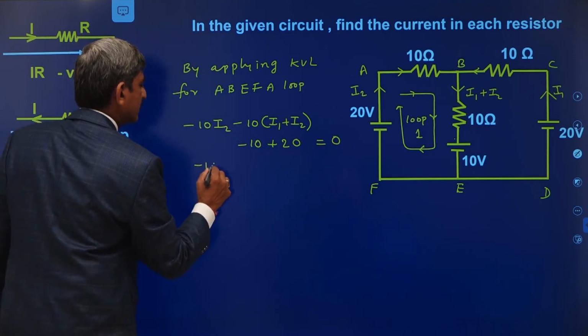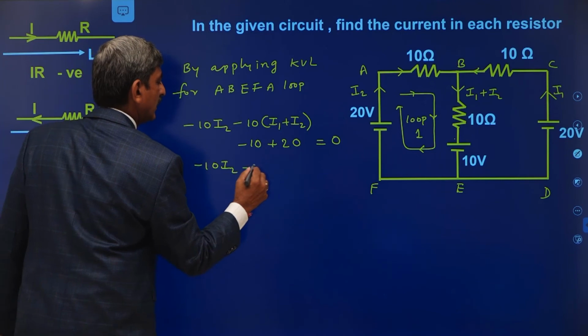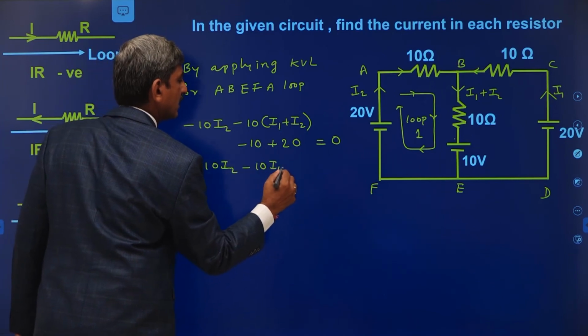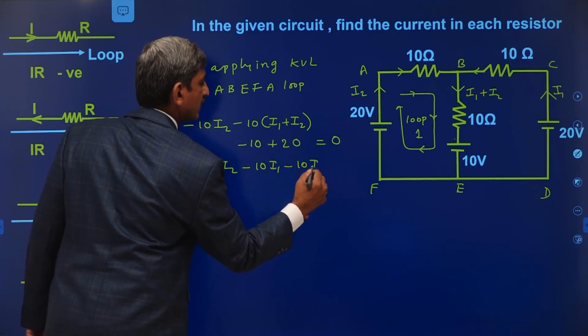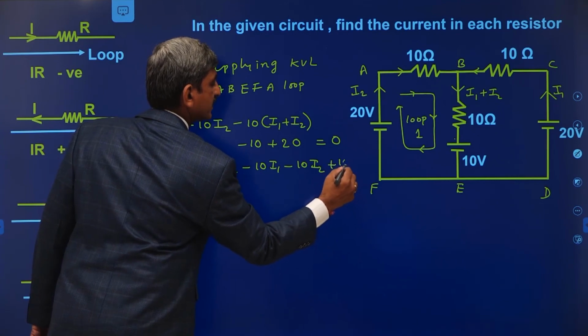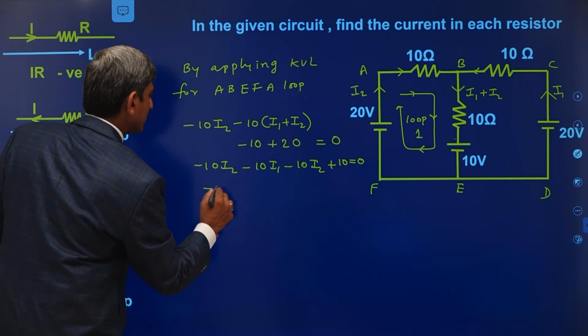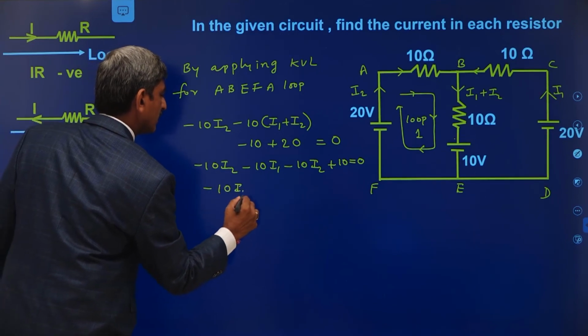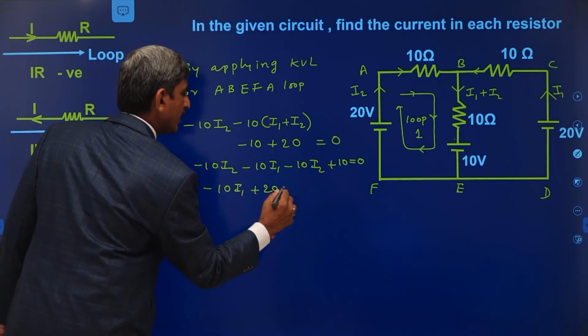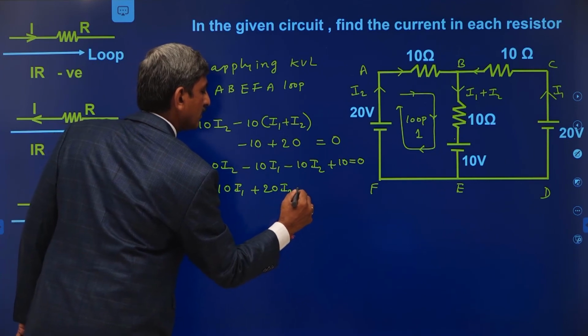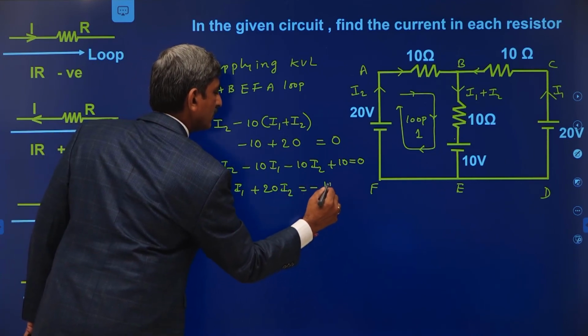So minus 10 I2, minus 10 I1, minus 10 I2, plus 10 is equal to 0. It means minus 10 I1 plus 20 I2 is equal to minus 10.